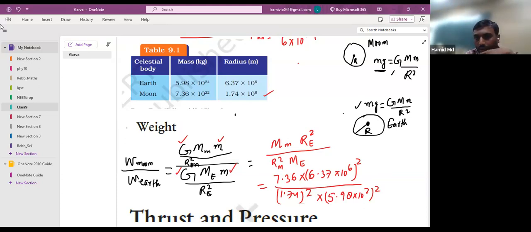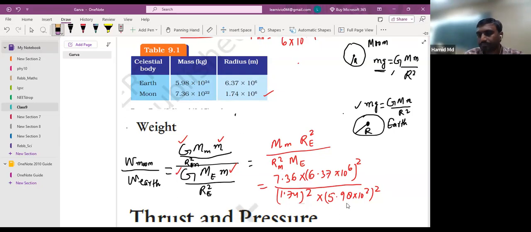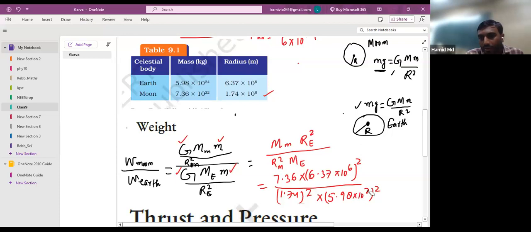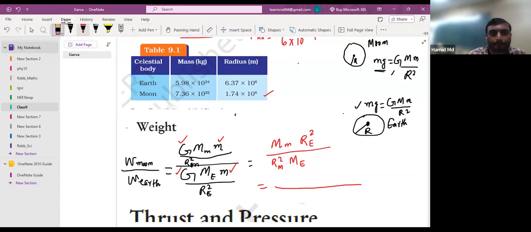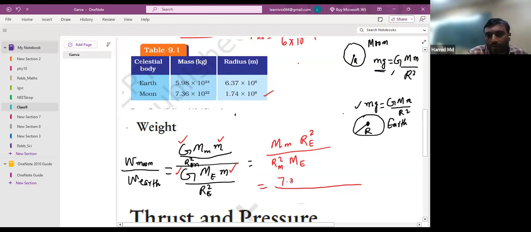See how I made a mistake again. This is mass of Earth, and mass of Earth is 5.98 into 10 to the power 24. So the mass of moon is 7.36 into 10 raised to the power 22.